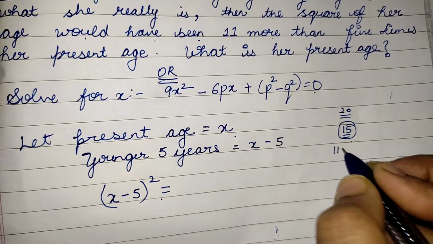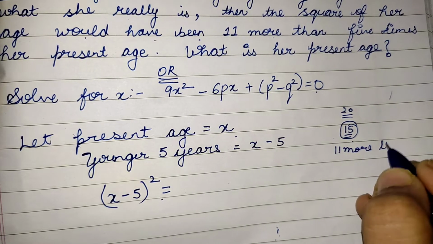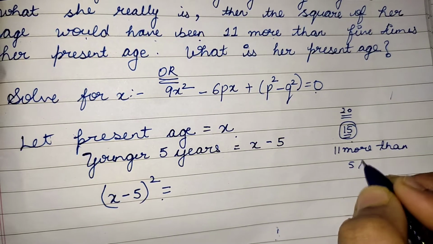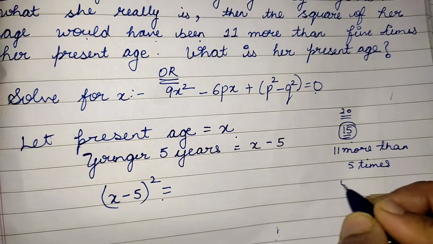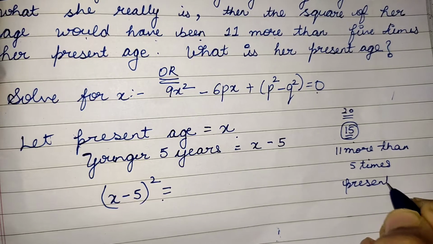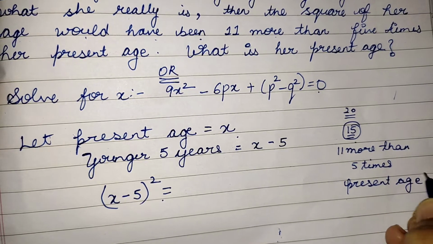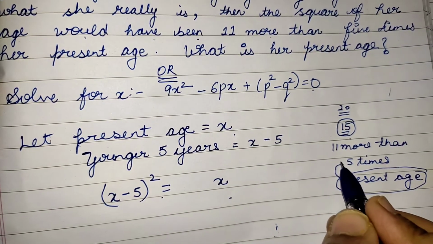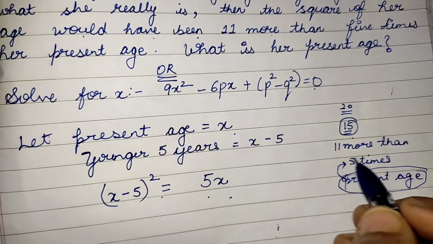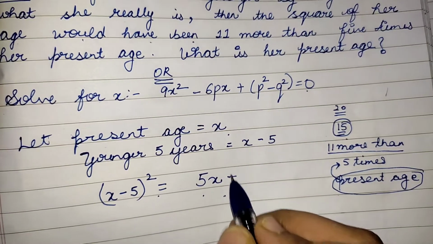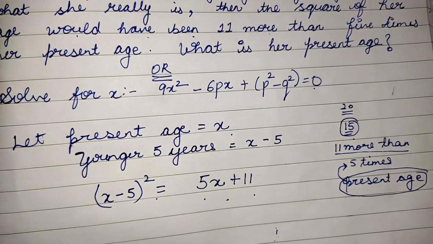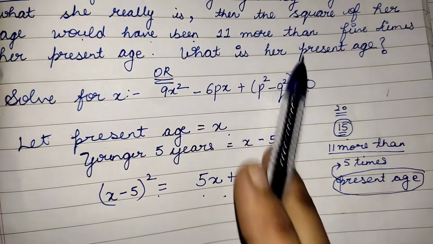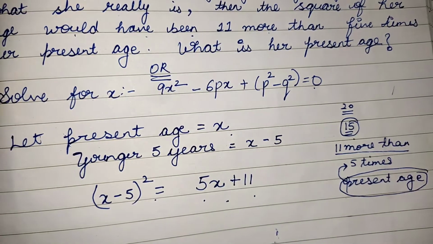What does the statement say? 11 more than 5 times the present age. So what is her present age? Present age is x. 5 times means 5x. 11 more than means this is plus 11. Okay, then what is her present age?